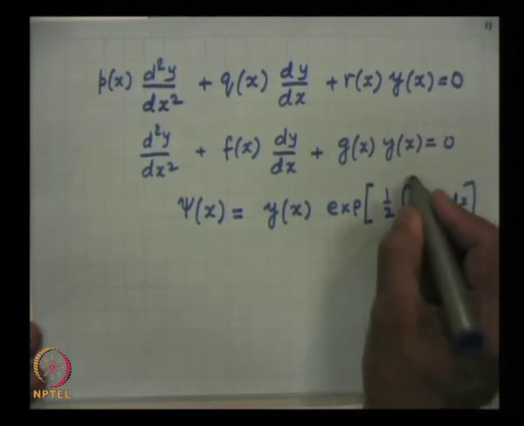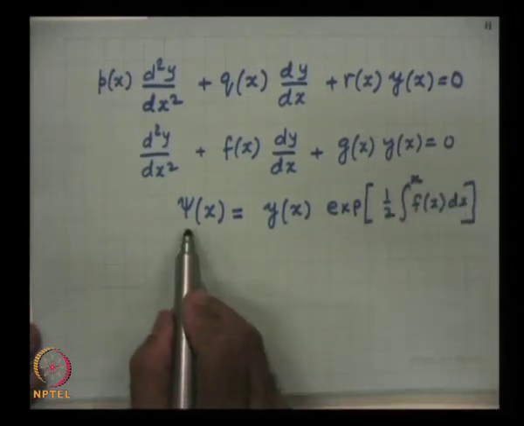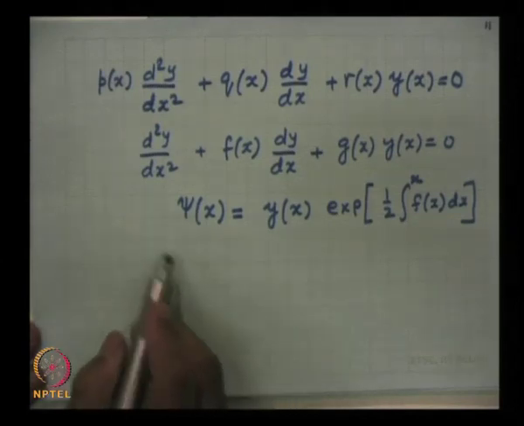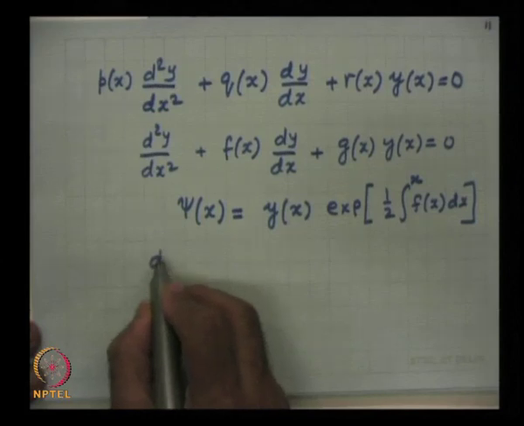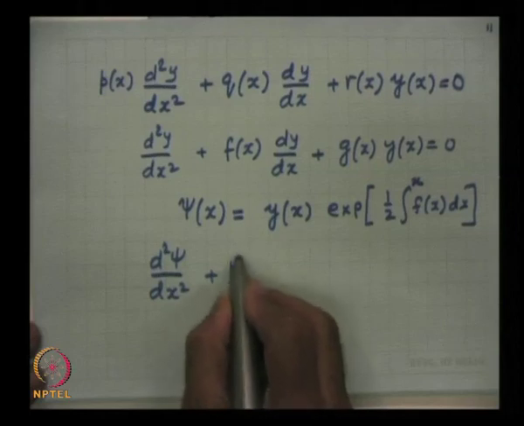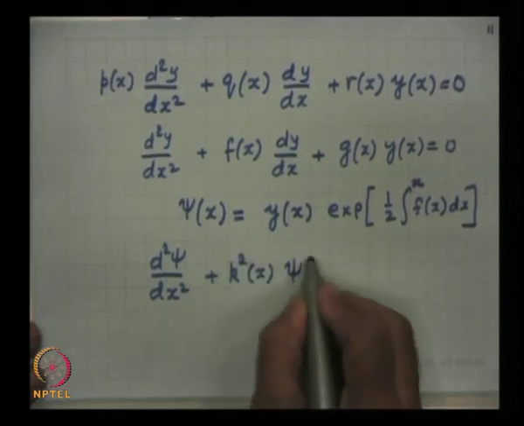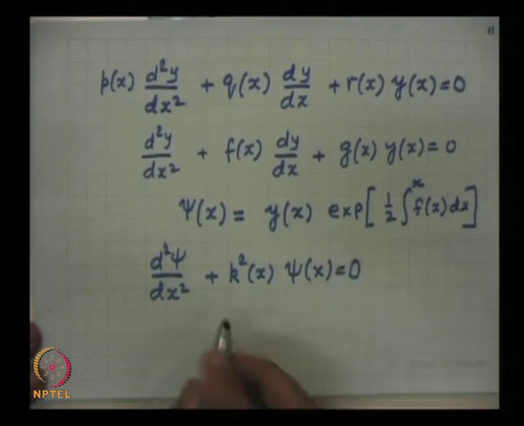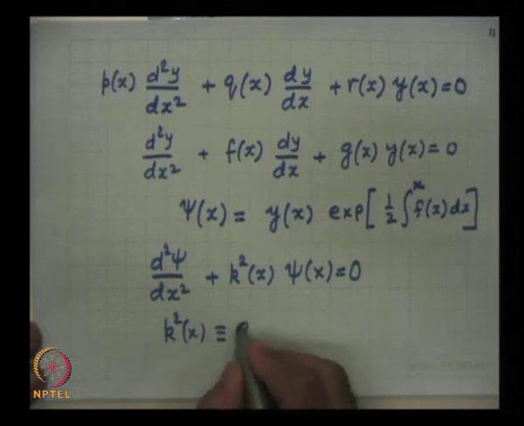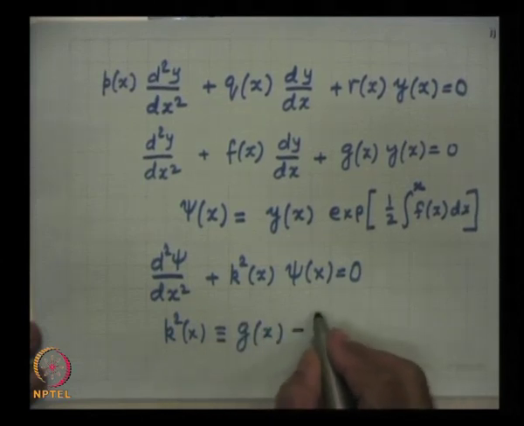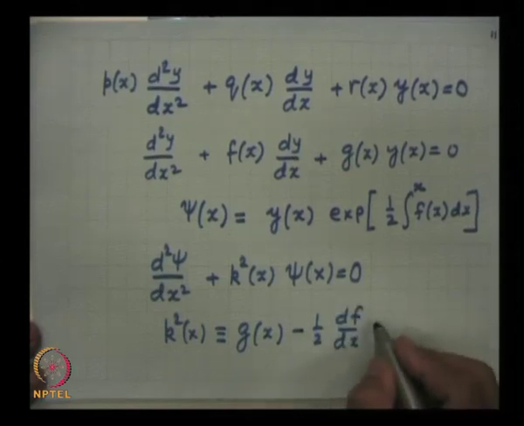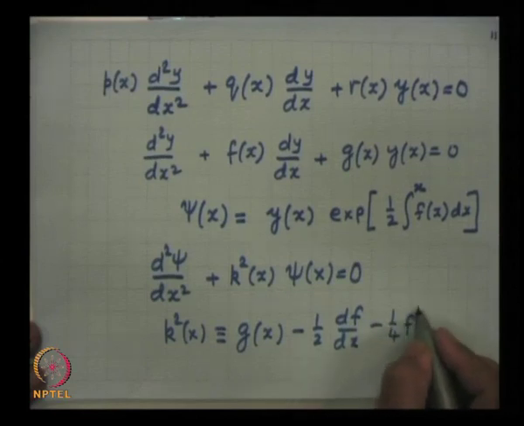I leave it as an exercise for you, and if you assume psi of x to be given by this, and then you differentiate this and use this equation, you will find that d2 psi by dx square satisfies this equation, k square of x psi of x is equal to 0, where k square of x is now defined as g of x minus half df by dx minus 1 by 4 f square of x.